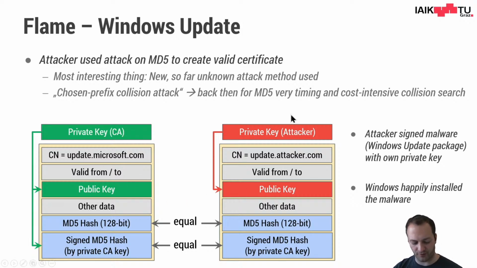So this is the content of the certificate, this update.microsoft.com certificate. It was cryptographically valid, but it was just never really issued from Microsoft. And the same thing could happen to SHA-1.